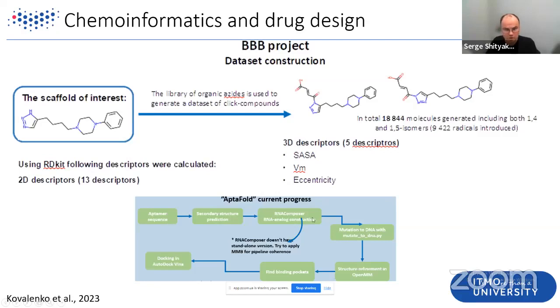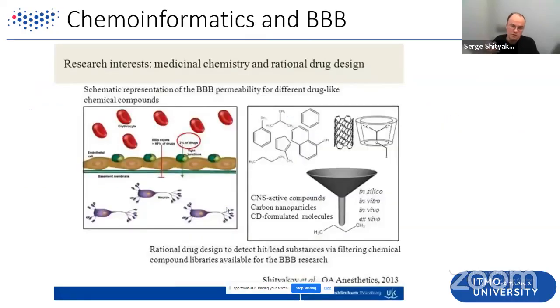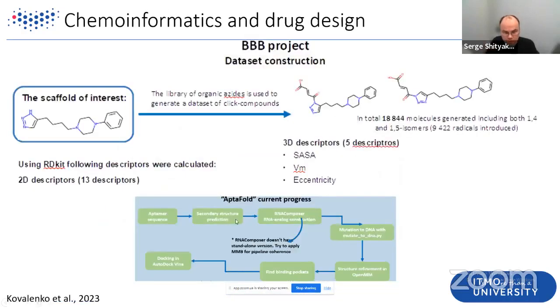On the other hand, we are also doing some research to understand the interaction of aptamers. Aptamers are substances made of DNA molecules, and they are particularly important to bind various molecules like toxins, antibodies, various proteins, probably some targets, some transporters.